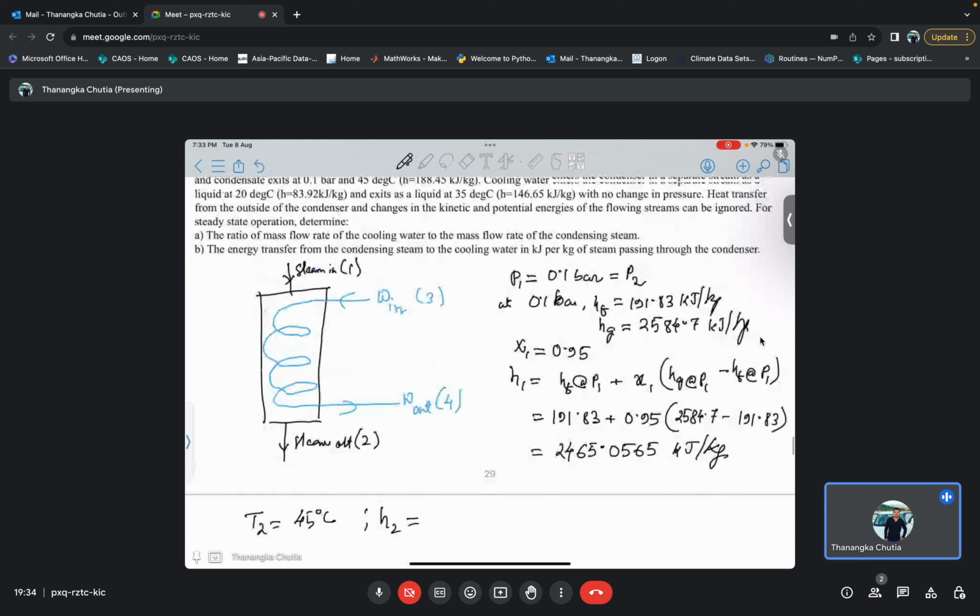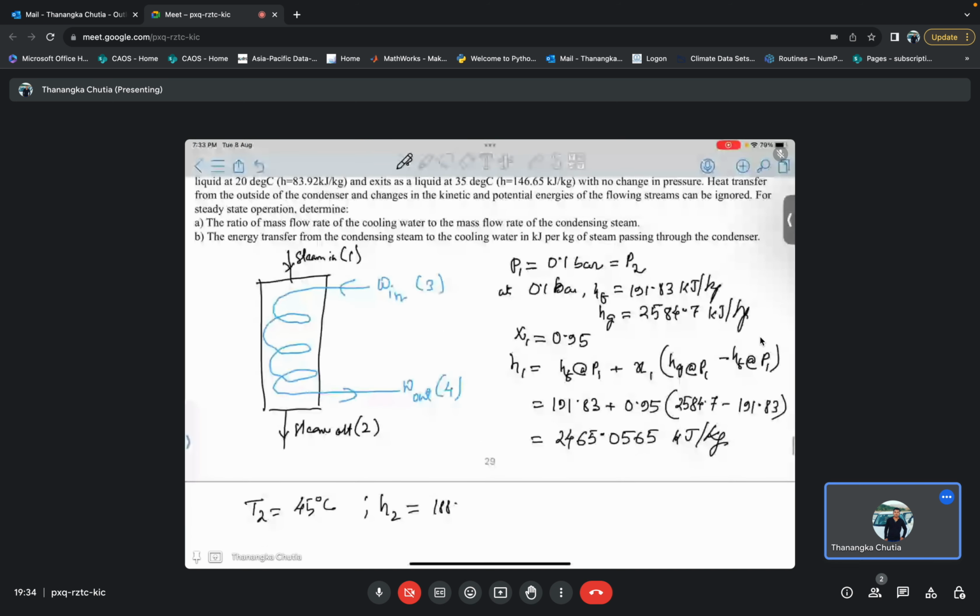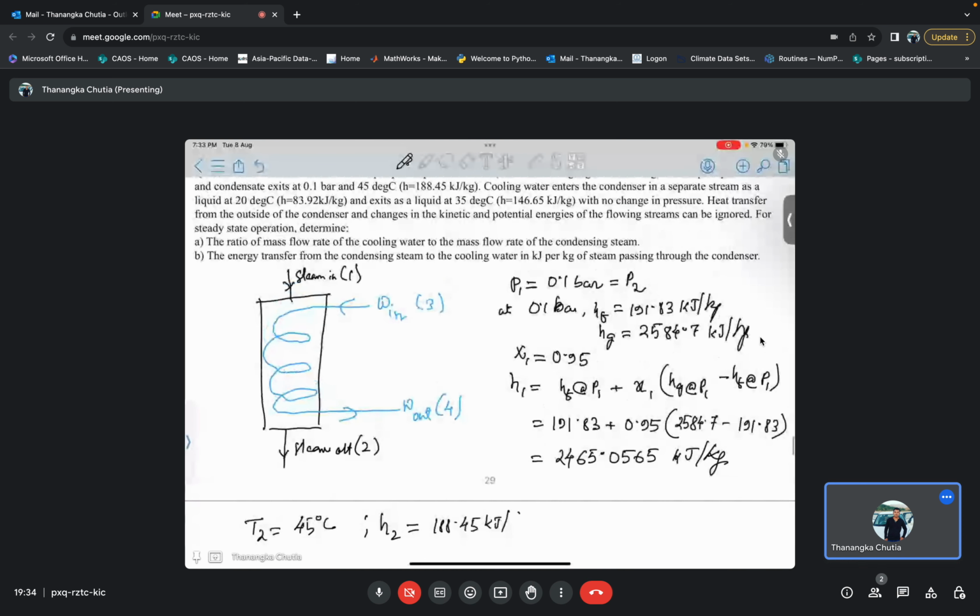Now next thing is, the cooling water enters the condenser in a separate stream. Okay, these two streams do not mix with each other, and it enters at 20 degrees Celsius.